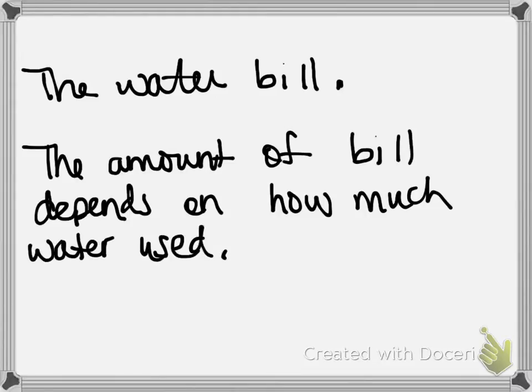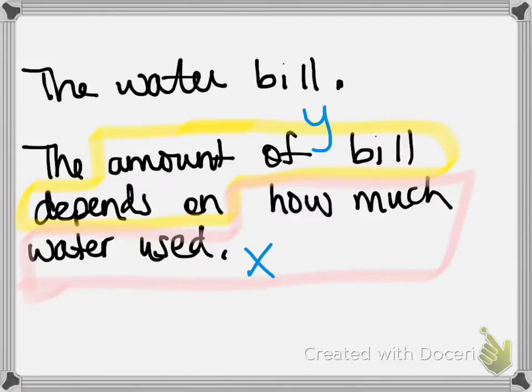So if you depend on something, you are dependent. The amount of the bill depends on something else. So that is your dependent, or your y. And the other variable, the how much water used, is your independent or your x.